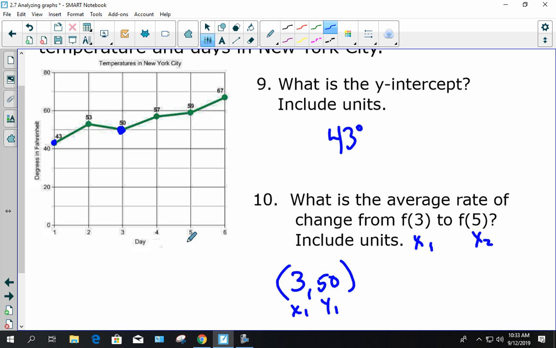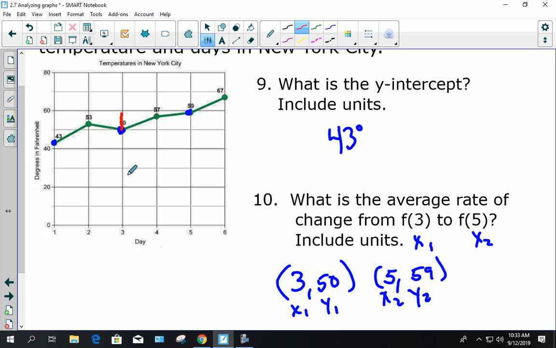x1, y1. And 5 goes with 59. x2, y2. Now, do I need to put it in y2 minus y1 form? No, I can count. Now, this is something that first hour kind of struggled with. 50, you go up to 59.